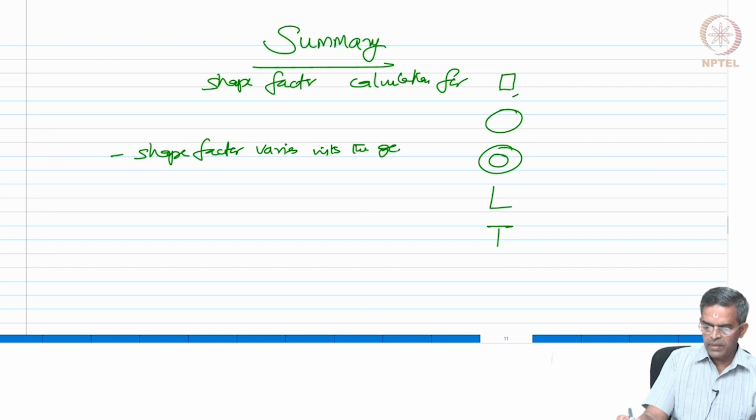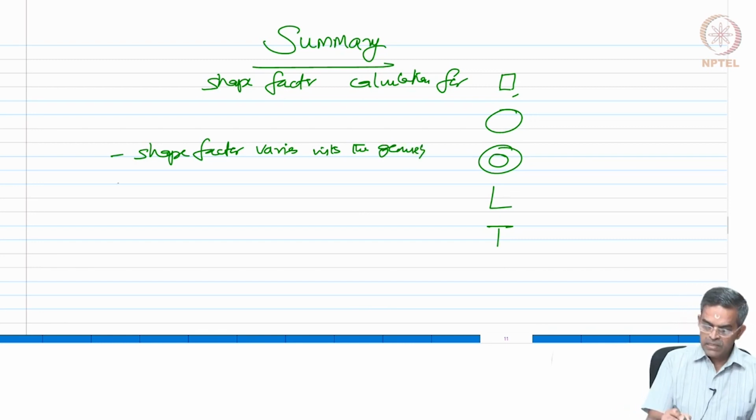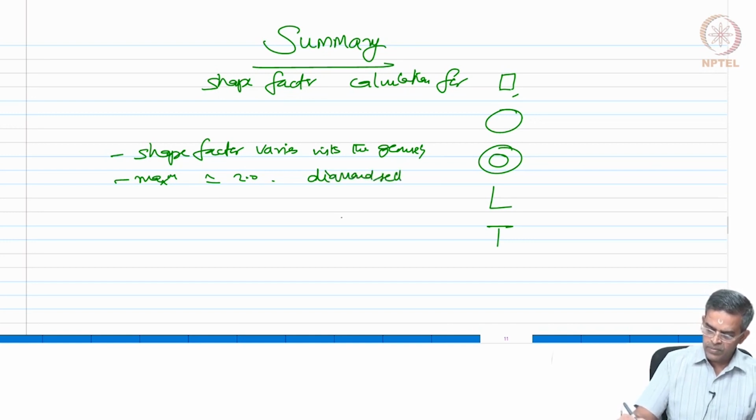It is not same, right. The maximum value of the shape factor is about 2.0, which is for a diamond section. You can try and find out.